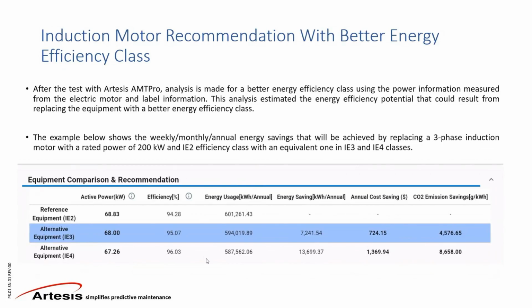You want to get a new motor. The system will tell you what happens if you are moving from an efficiency class 2 motor to class 4 or 3. You can see those calculations here again. And then maybe you would want to purchase a motor with a higher efficiency class, assuming that this new motor will maybe run 10, 20 years.